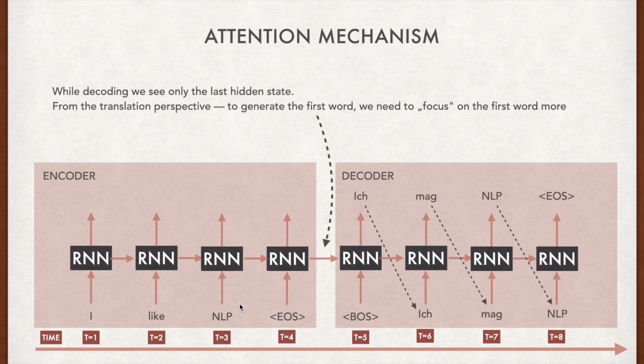And then the decoder uses the last hidden layer's output to generate a sequence of tokens in the target language, here in German. So here we generated a single sentence in German starting with Ich mag NLP.